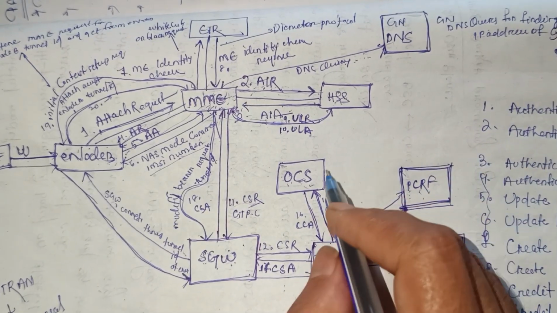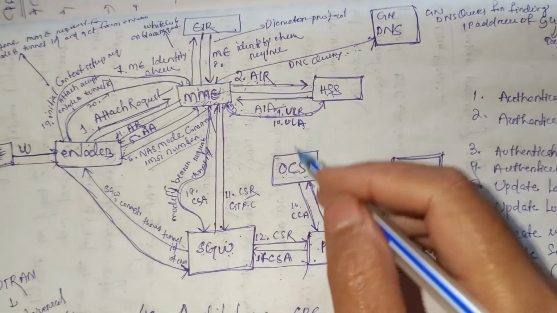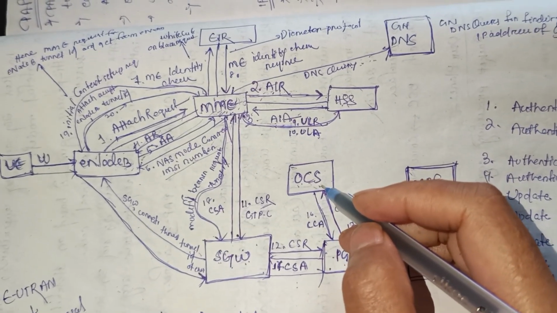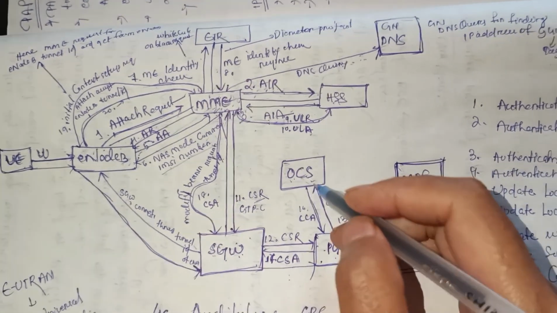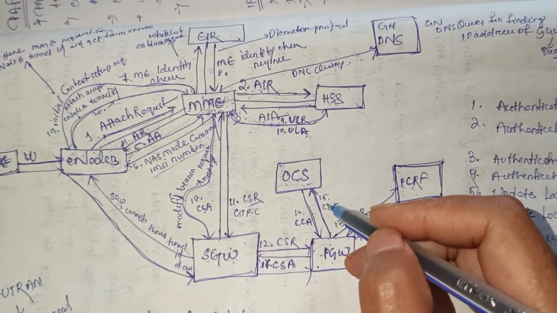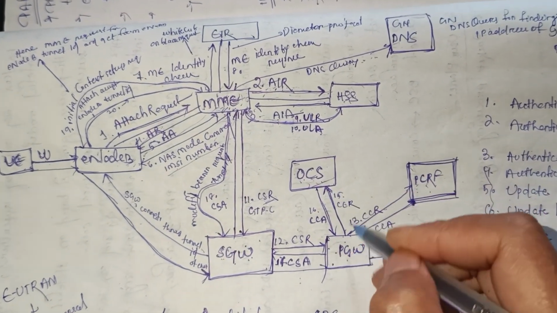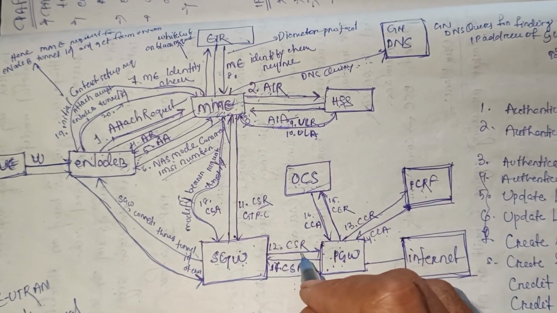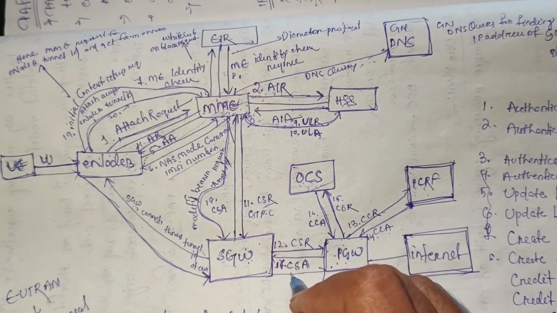In general, when we are using mobiles, we pay the balance for our mobile, and some limits are there, like 1.5 GB per day, 2 GB per day. OCS will understand all that and return it in the CCA response. Then PGW will return all that information to SGW in the create session answer.